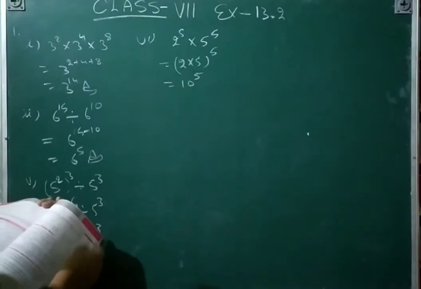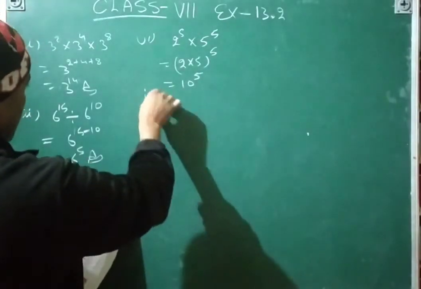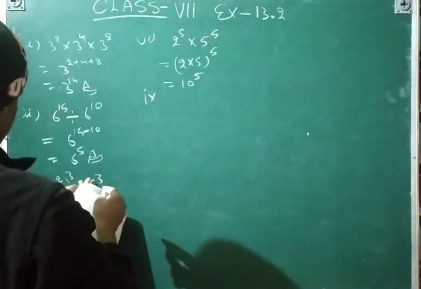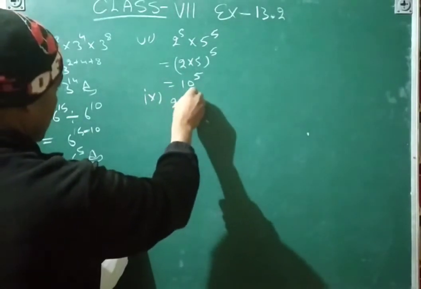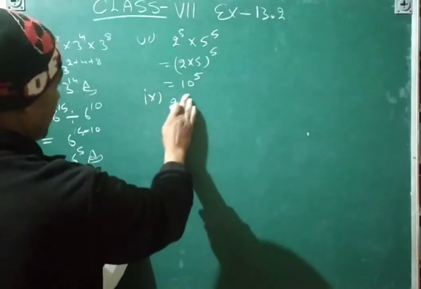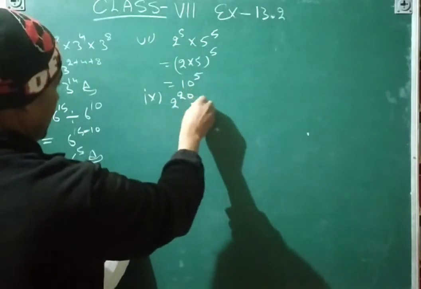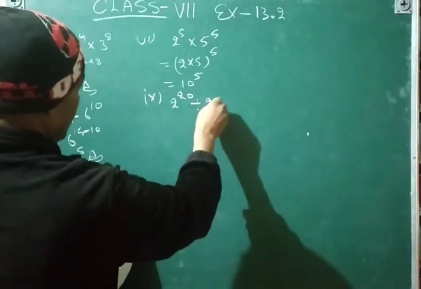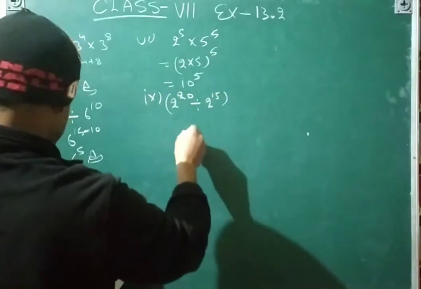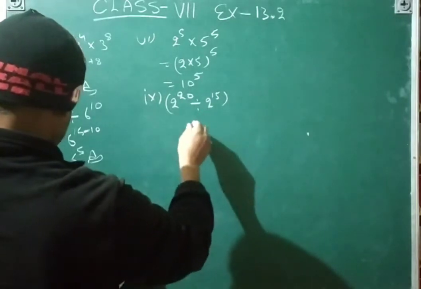The eighth part we have also done, with questions like this. And then the ninth: 2 power 20 divide 2 power 15 and then multiply 2 power 3.